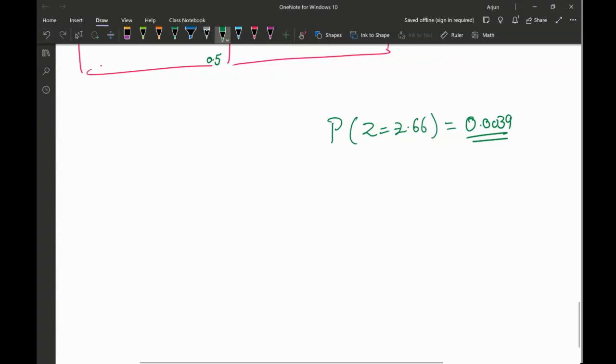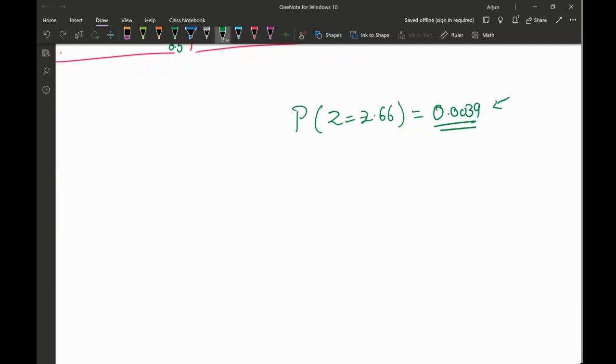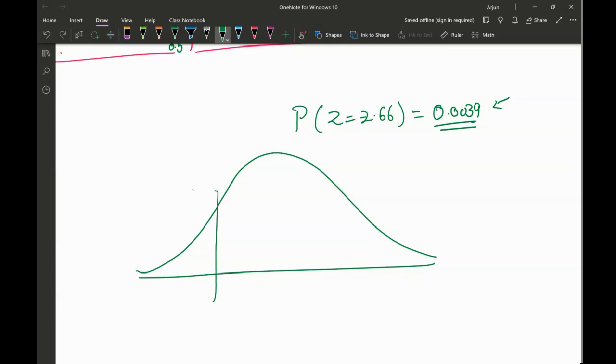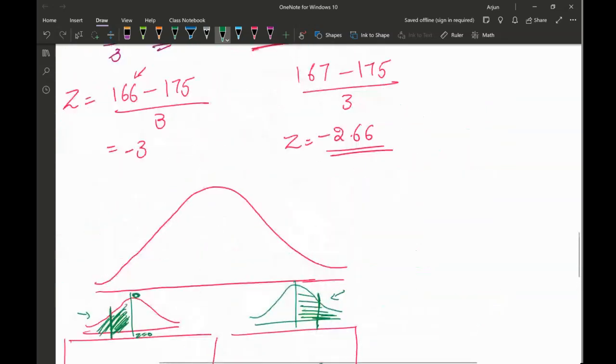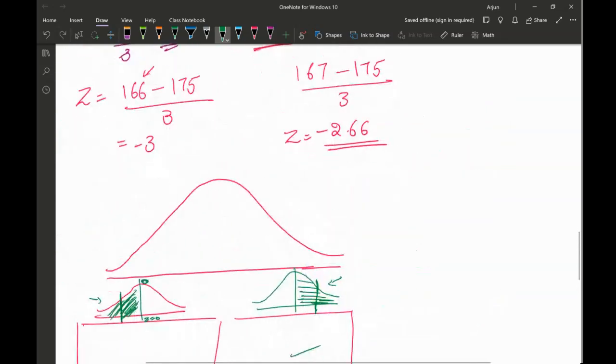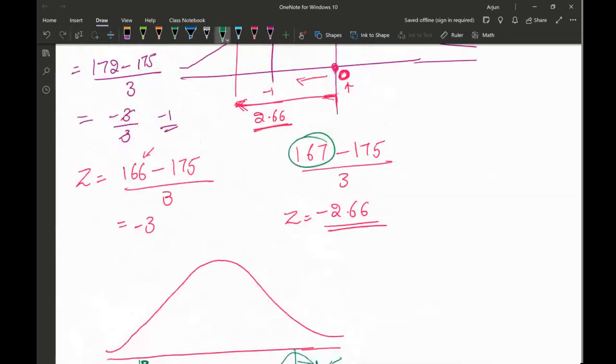Now I wanted to find what this means. If I convert 0.0039 into a percentage, it will be 0.39% of the data points that will be below the value for the z-score, below the value of 167.